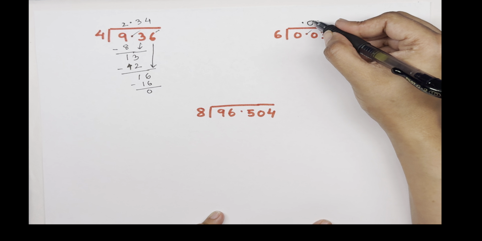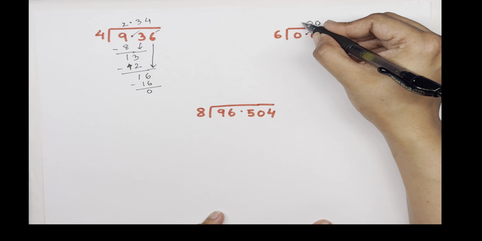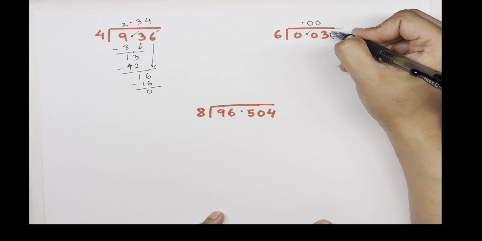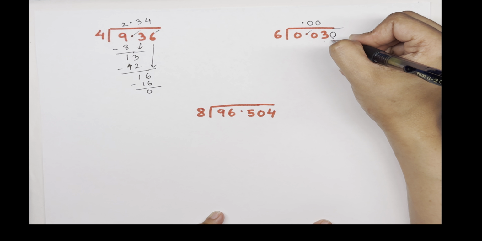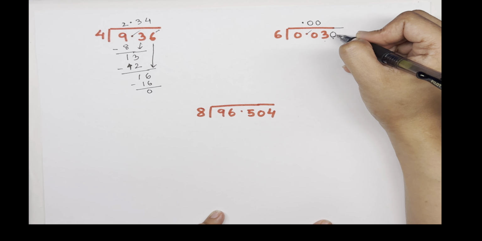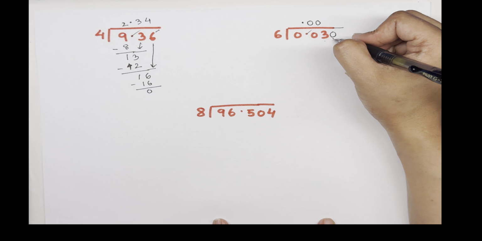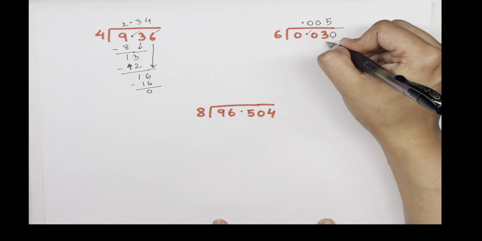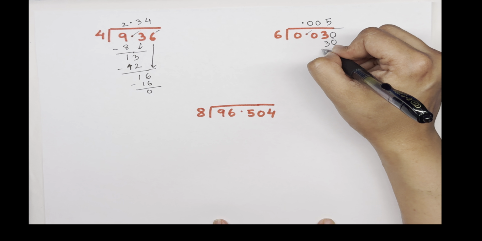So I already put a decimal in the quotient. I put a 0. I can borrow a 0 after the digit which is more than 0. So 3 is here. Now it becomes 30. And 6 times 5 is equal to 30.